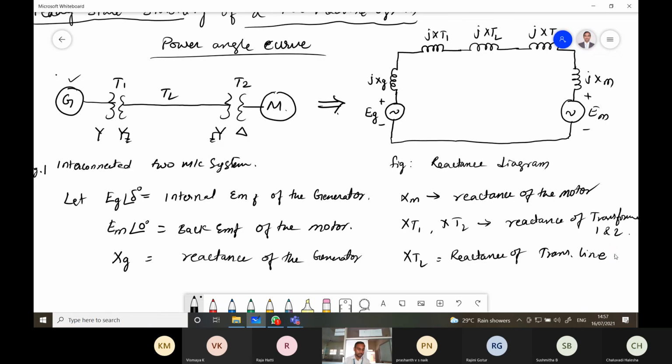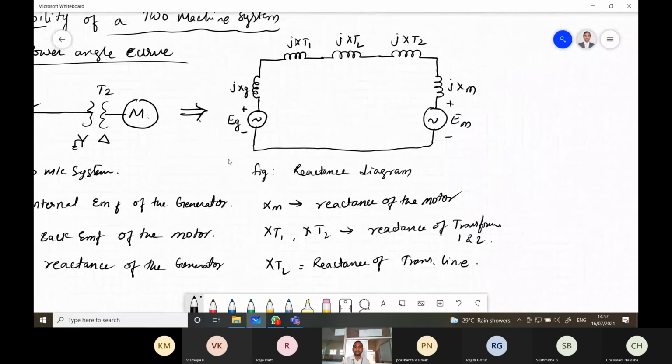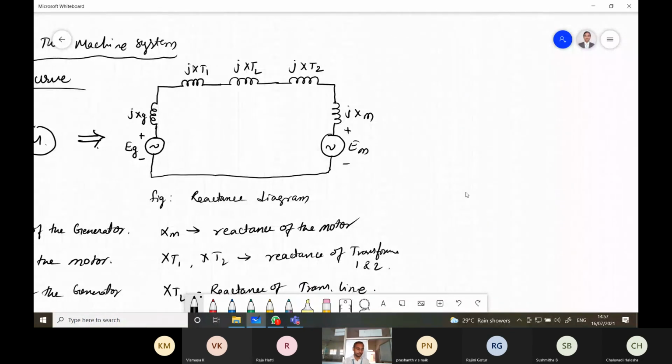Okay. So now in this reactance diagram, all the reactances are in series. So finally we can write X equivalent, or X total, X is equal to Xg plus Xt1 plus Xtl plus Xt2 plus Xm, right?